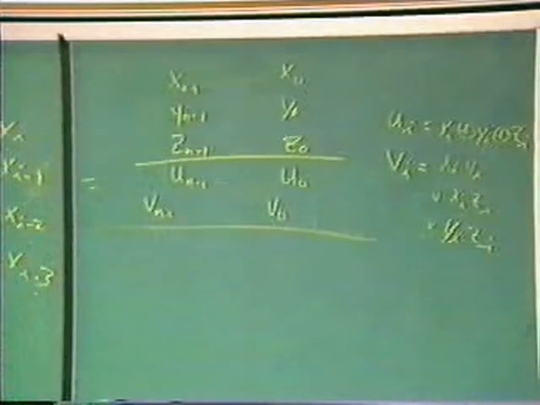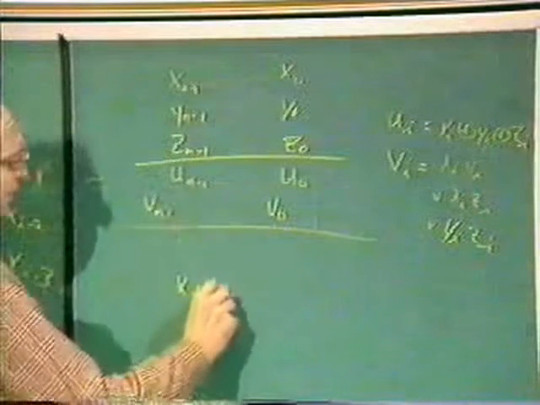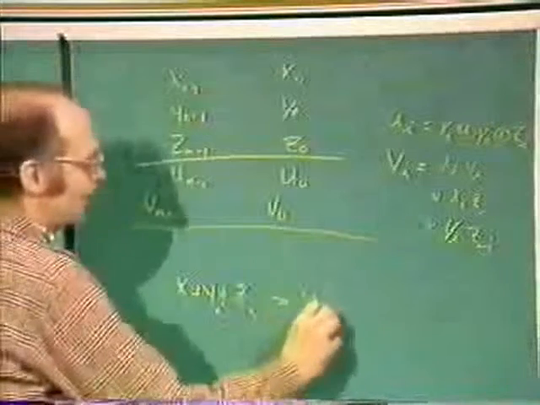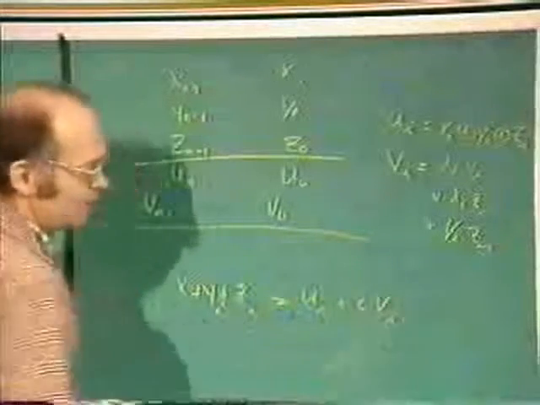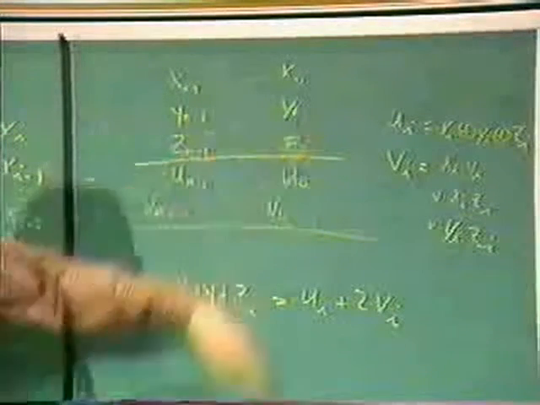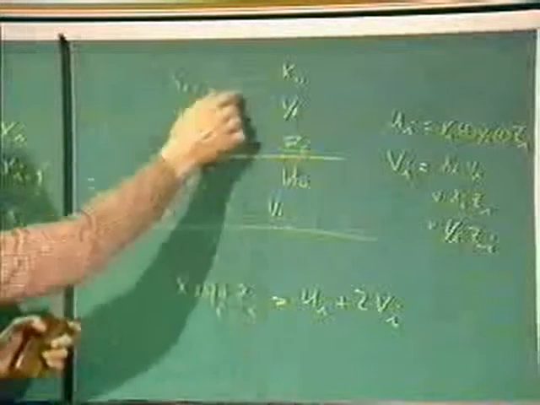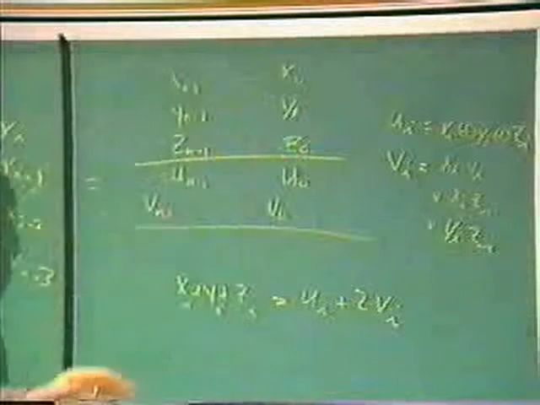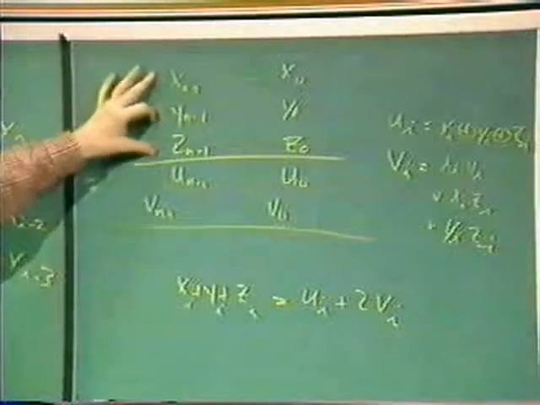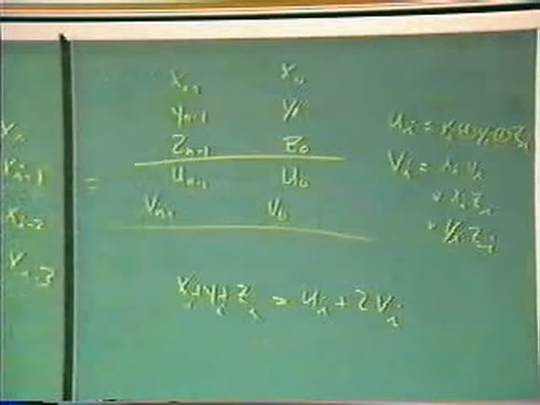And since it turns out that xi plus yi plus zi is equal to ui plus 2 vi, then it's going to be true for the whole binary number. These whole n-bit numbers, the sum of these three numbers will be the sum of these two numbers.